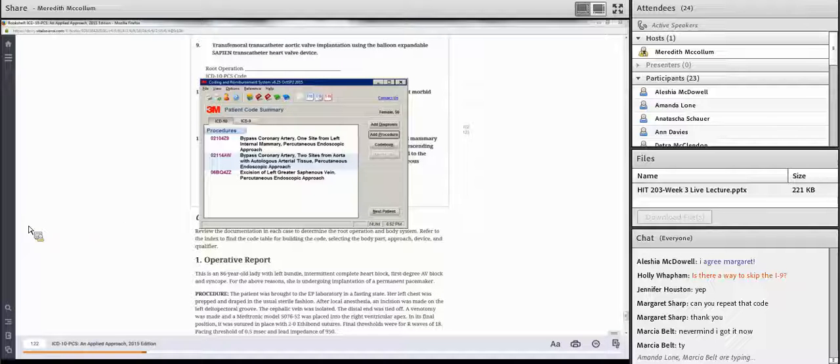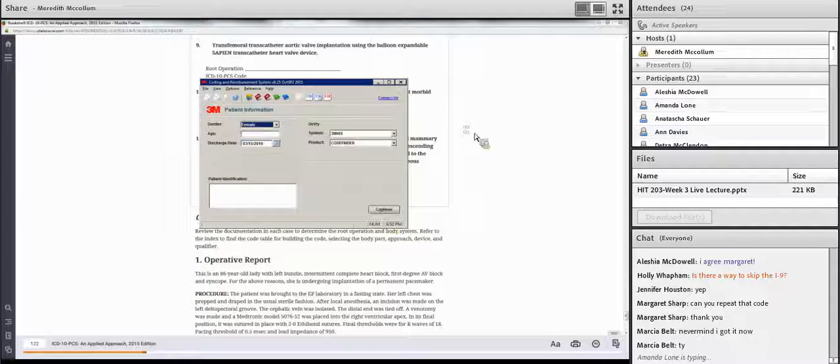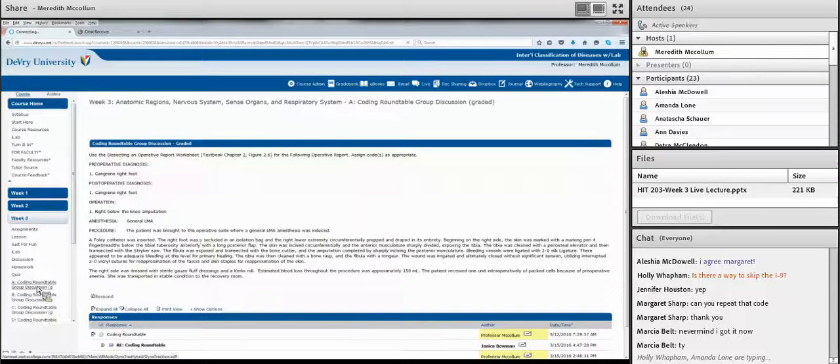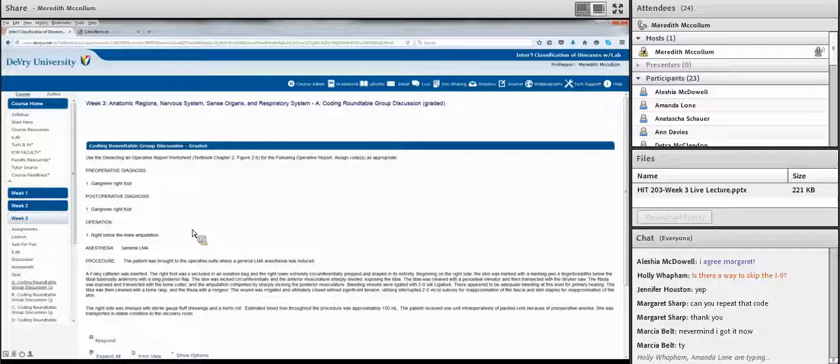Okay, so let's look at the coding roundtable, just because you wanted to also look at amputation. So let me pull that up. So here they're doing a below the knee amputation. And with below the knee amputation, the one issue that you're going to have is the qualifier, because you need to know where the tibial tuberosity is.